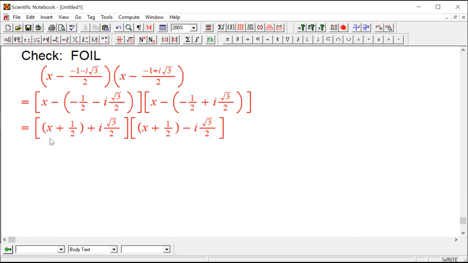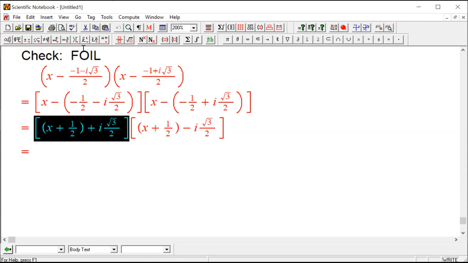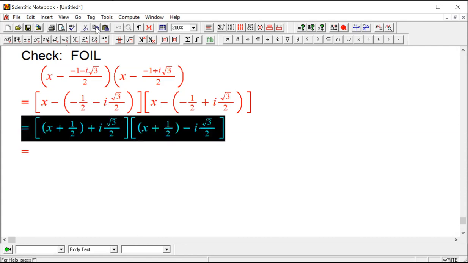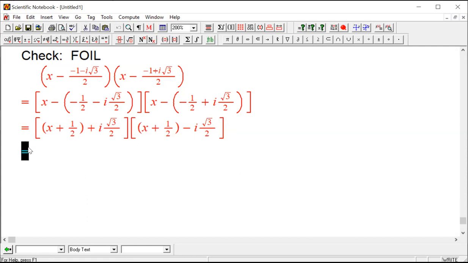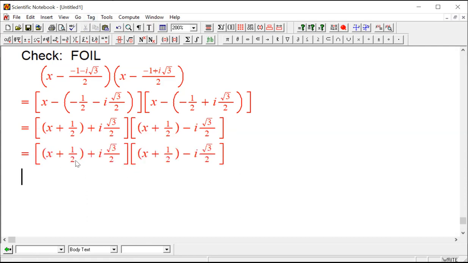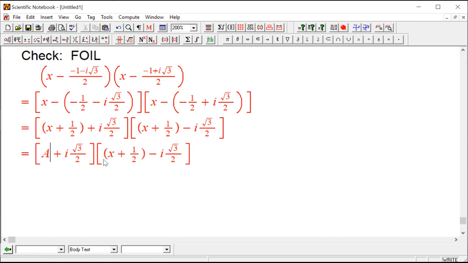Now if you look at these two brackets, I see this piece as a capital A and this piece as a capital B. So we have A plus B times A minus B, isn't it?